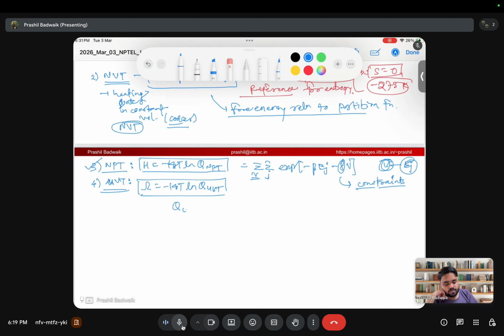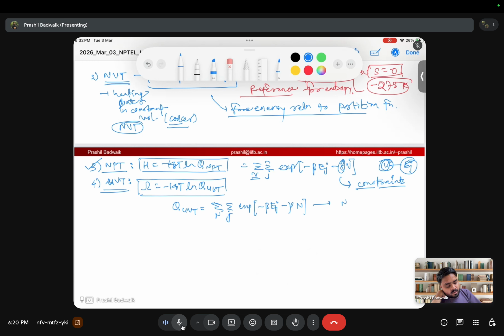And then Q mu VT can be related further to a summation over all the states with energy and number of particles N, and then there is exponential of minus beta Ej minus gamma N.